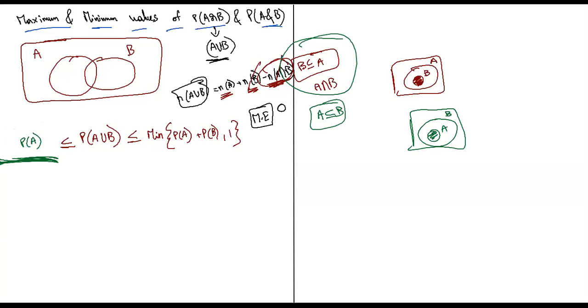And in that subset also, whichever is the greater one, that probability we will consider. So the minimum you attain when you have one of them as a subset of the other. And then whichever is bigger, you have to consider it. So therefore, it will be the maximum of P of A and P of B.